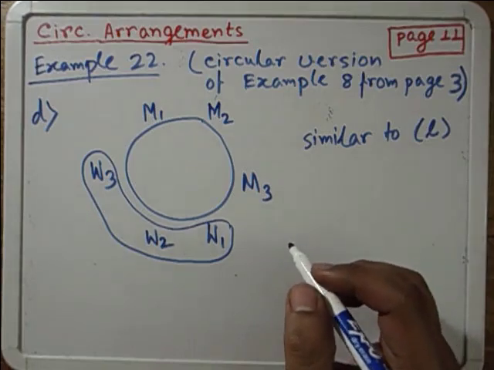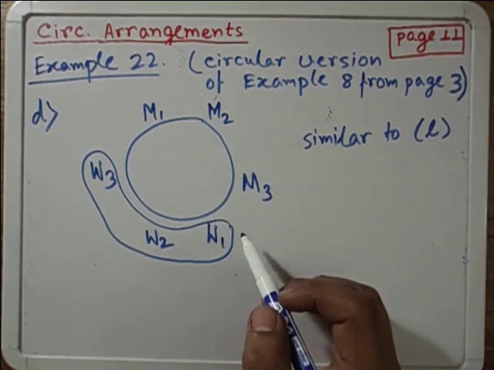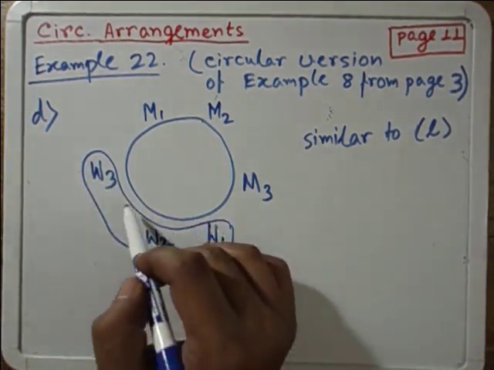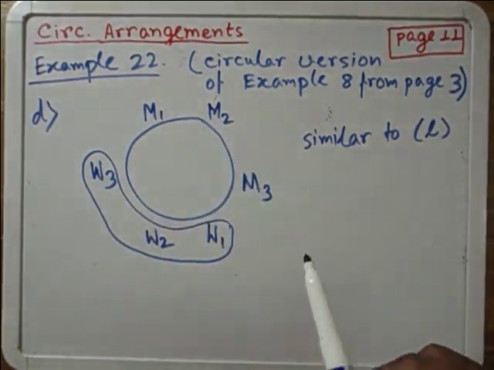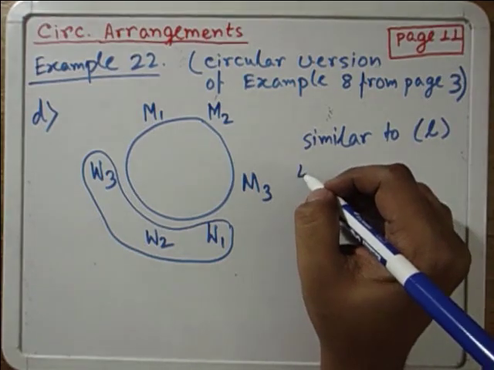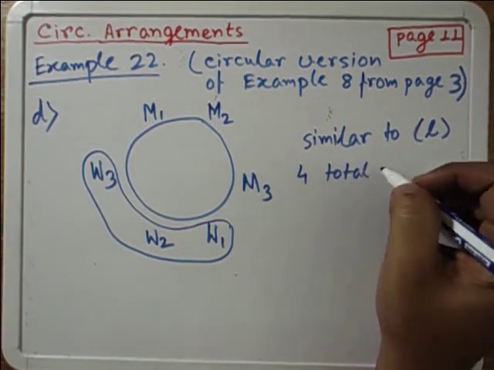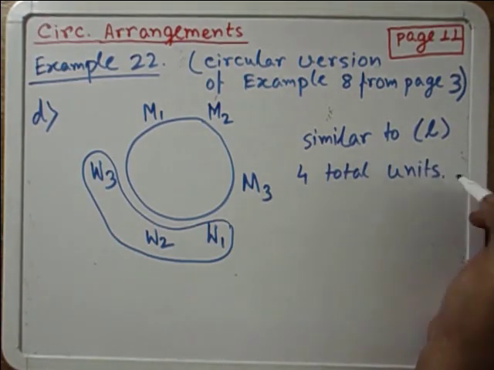So how do we solve this? How many units are there? There is 1 unit here, the big one, and then 2, 3, 4. So 4 total units.